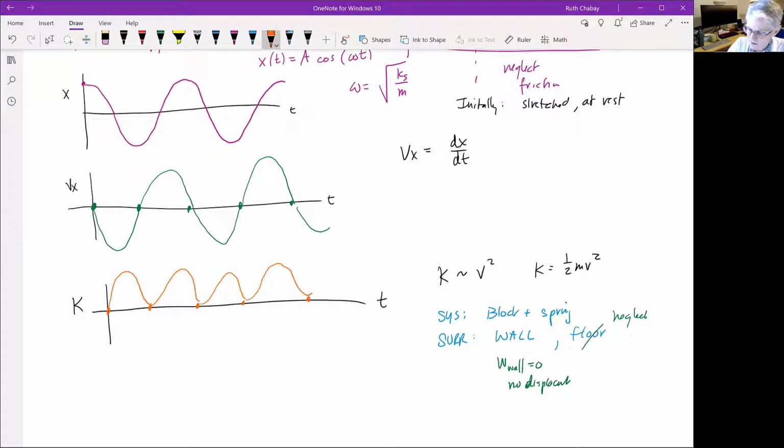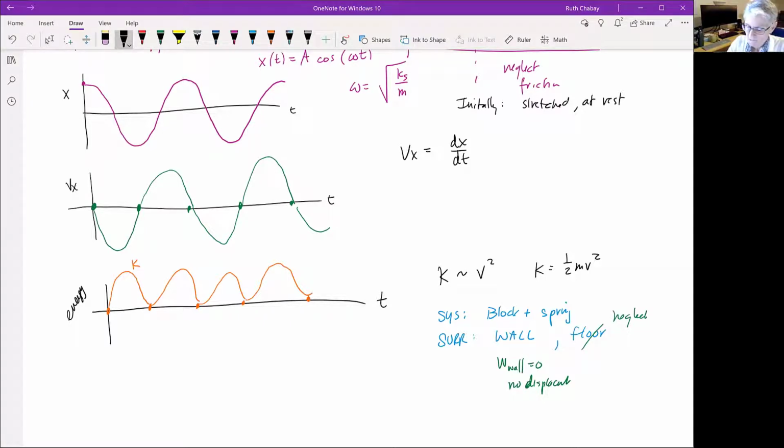So if this graph is kinetic energy, we'll just call this energy. For this ideal spring, there's no way to lose energy. It's just going to oscillate back and forth. So presumably, the sum of kinetic and potential energy is going to stay constant again, just like in orbits. It's just that it's flowing back and forth from spring energy to kinetic energy.